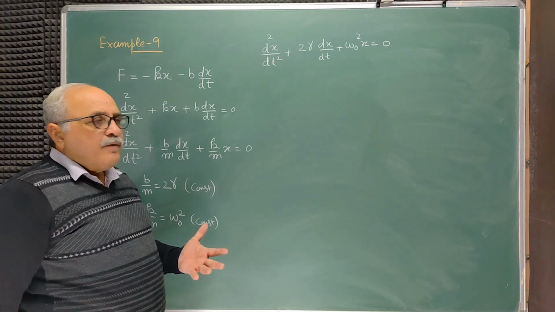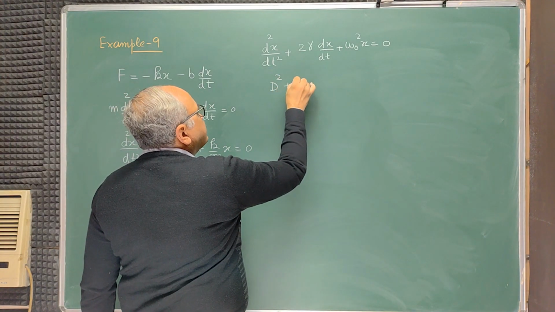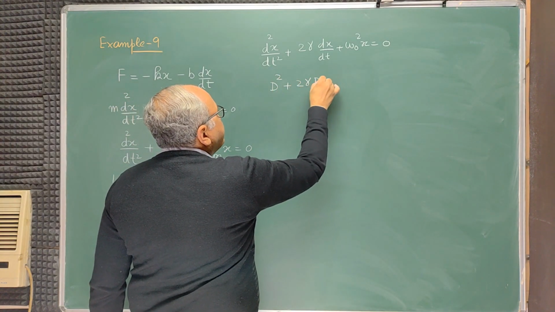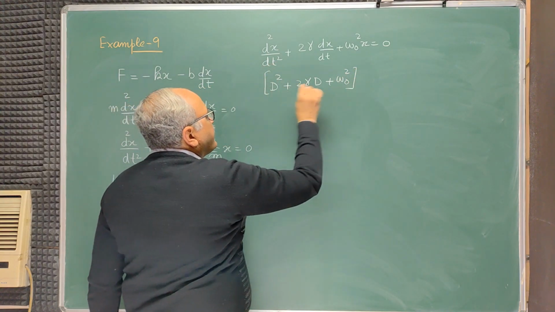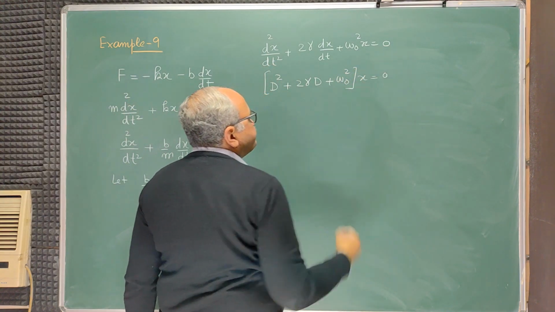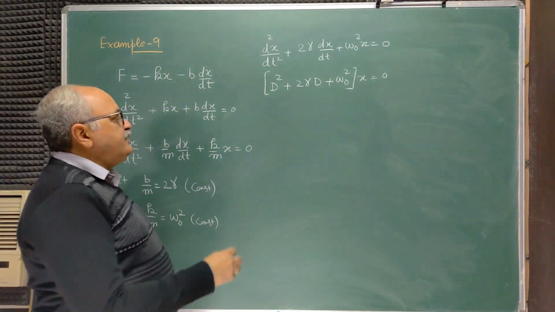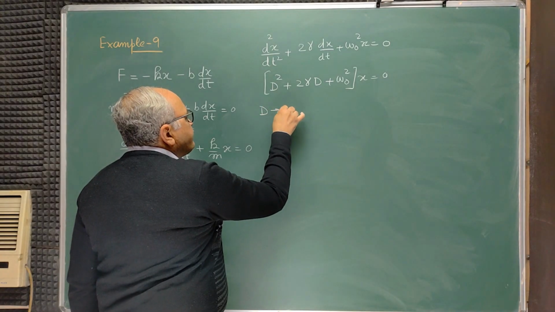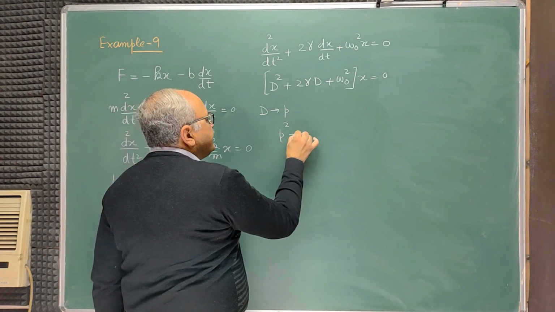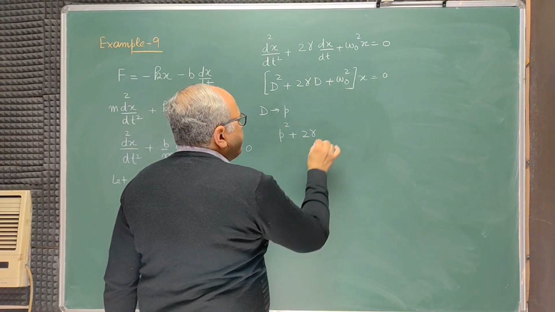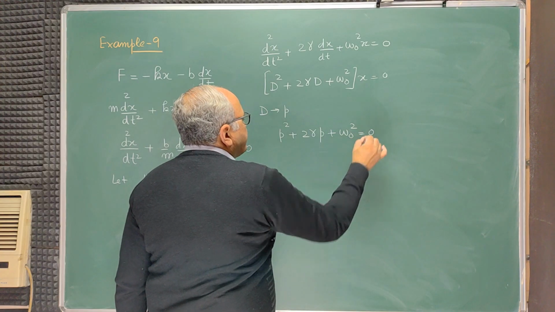Writing it in operator form, this can be written as (D² plus 2 gamma D plus omega 0²) operated on x equals 0. From here we generate the auxiliary equation taking D as p: p² plus 2 gamma p plus omega 0² equals 0.